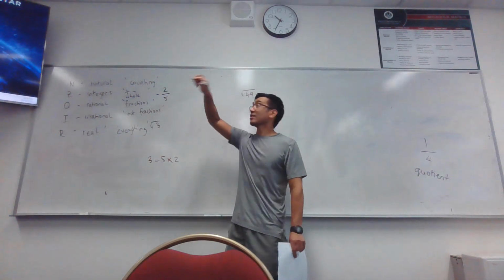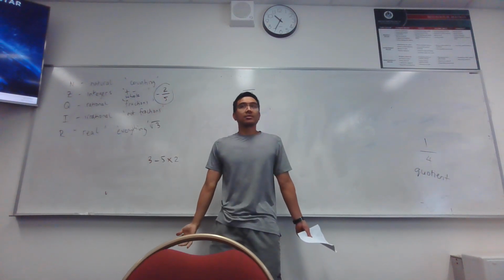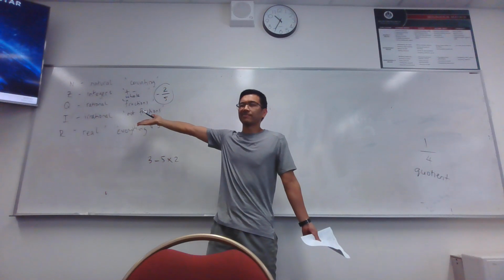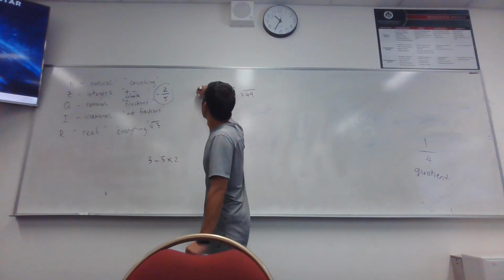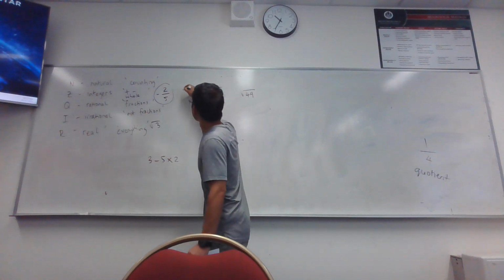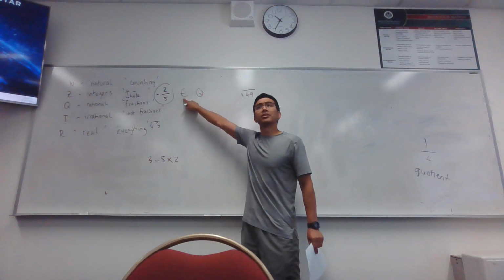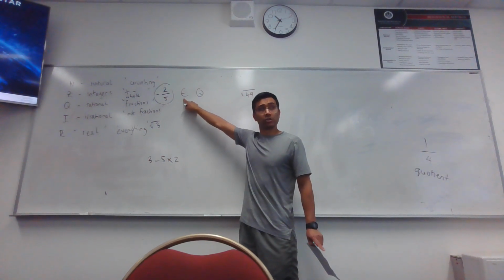Okay, quickly. What type of number is negative 2 and 5? Rational. Now, who knows what this means?